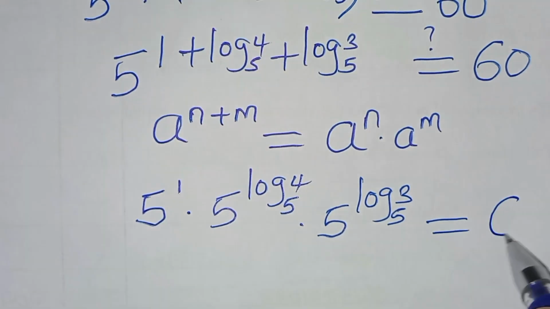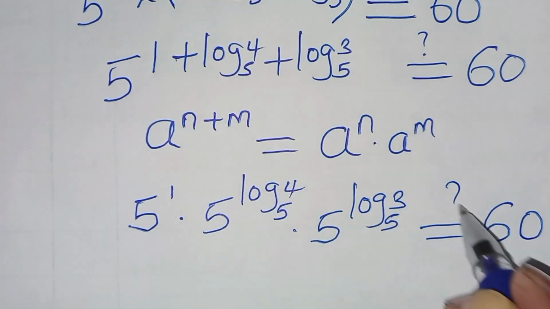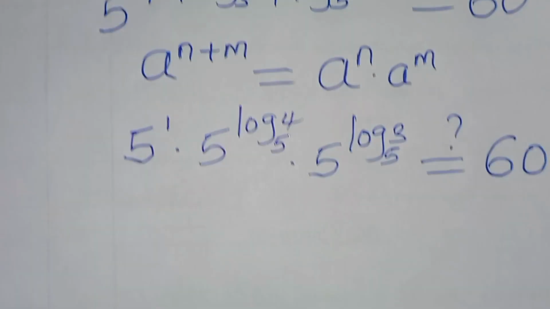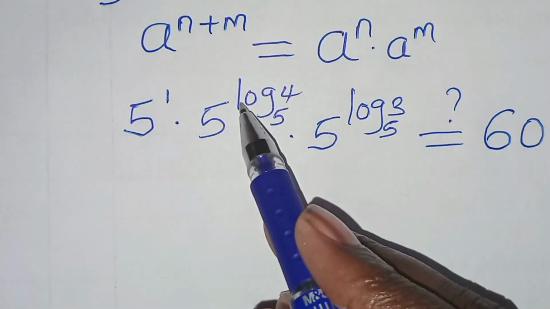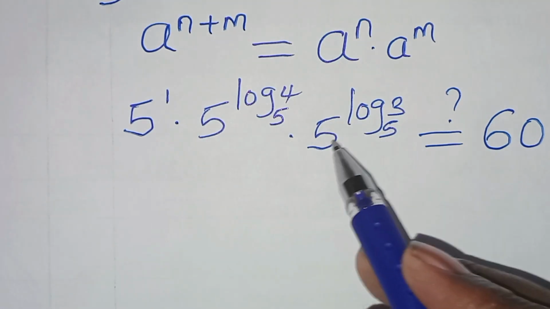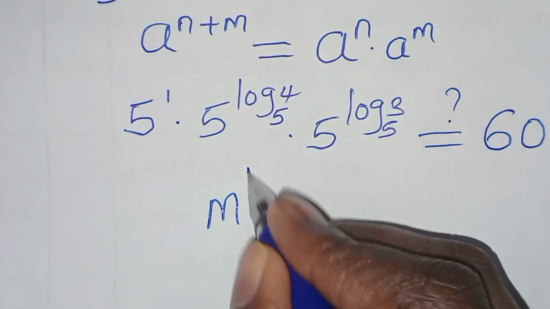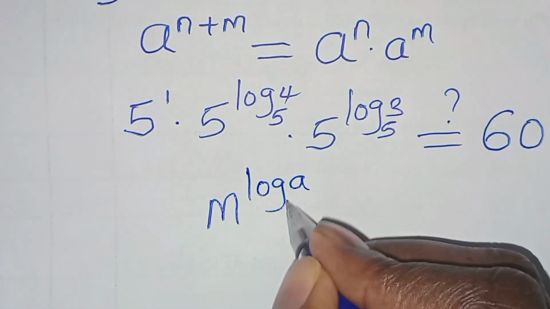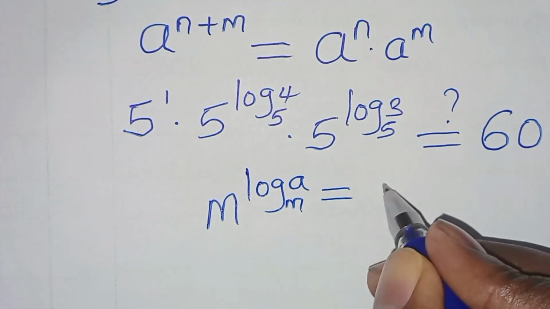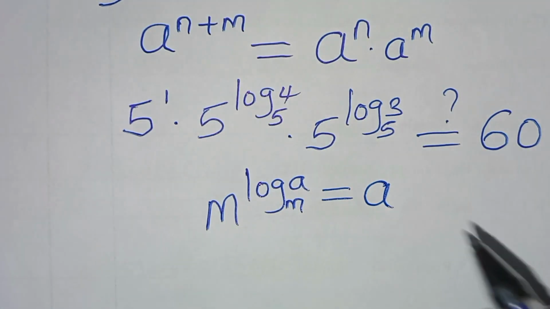This is supposed to give us a value of 60. The next step is that 5 to power log 4 to base 5 times 5 to power log 3 to base 5 is in the form of m to power log a to base m, which is supposed to give us a value of a.